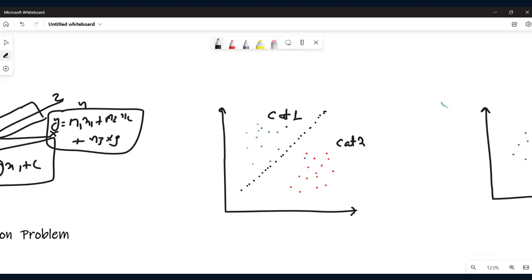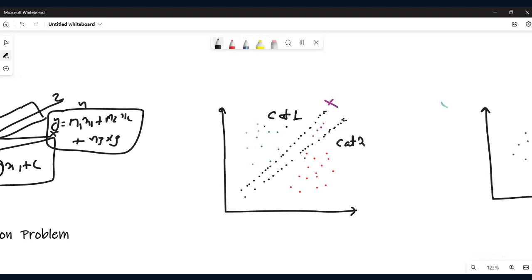This line divides the set into two categories, this one and this one. But now there is a variable in my test set, data that should belong to category 1, which lies here. So now this line is wrong. But if I draw this other line, it divides this data set correctly for both the training and testing data sets.